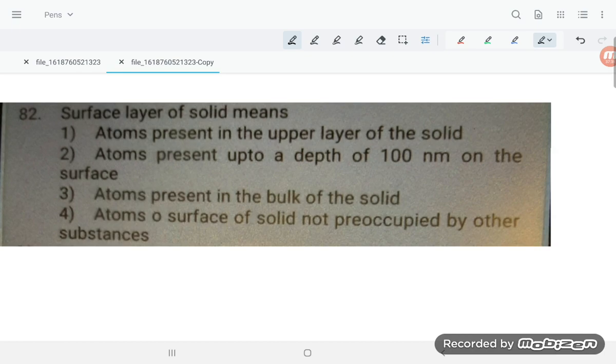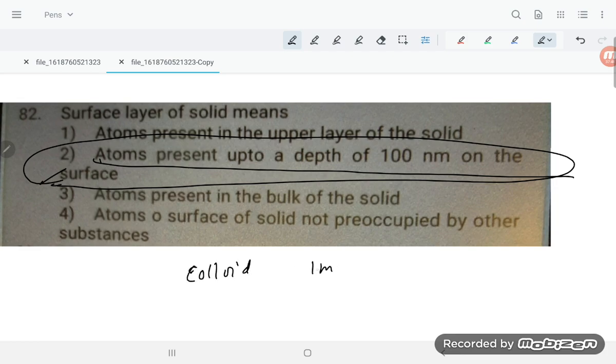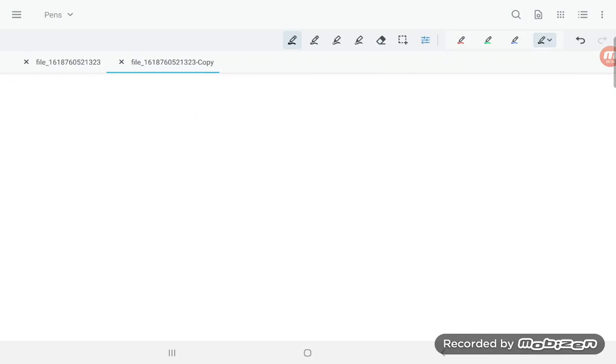The atoms present up to depth of 100 nanometer of the surface, this is the correct option, because that is colloids. If you talk about colloid, students, size is 1 nanometer to 1000 nanometer. So the surface layer of solid means atoms present up to depth of 100 nanometers. Correct option is option number 2.